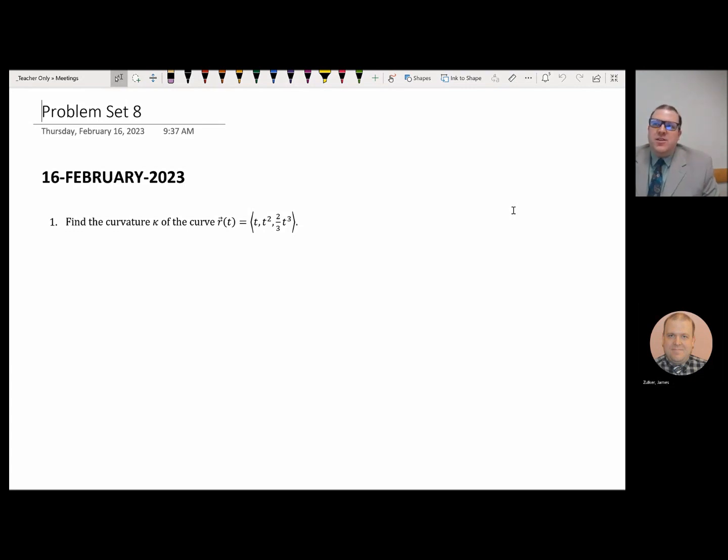Decompose every vector into its tangential component and its normal component. And then the binormal vector is just the vector that is perpendicular to both T and N. I think that's all we look at, right? Yes, it is.